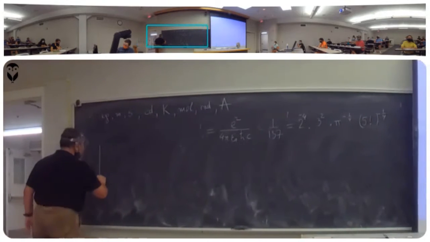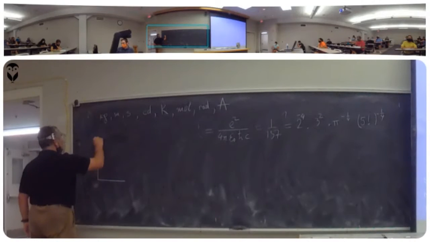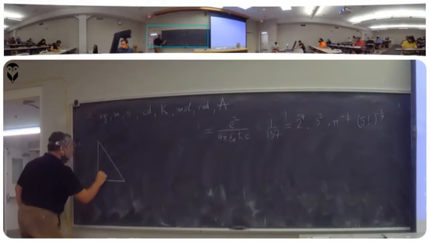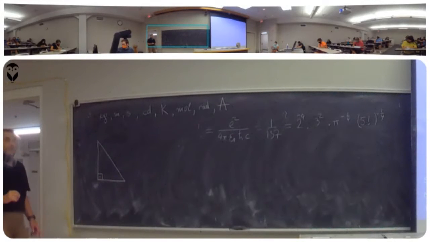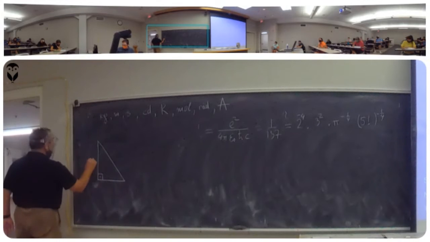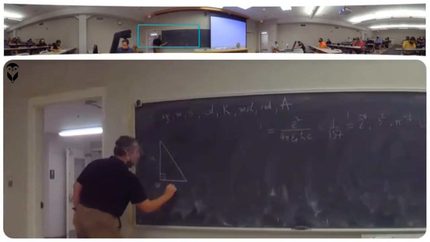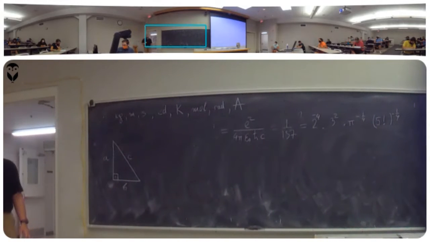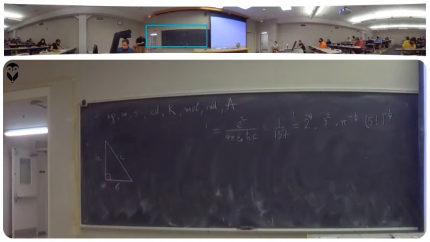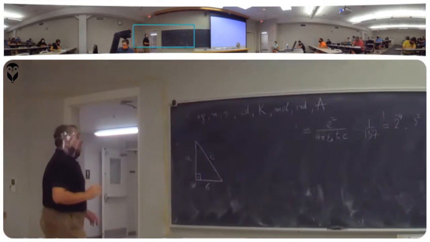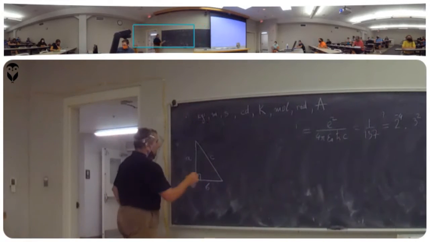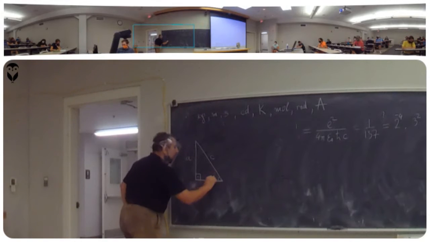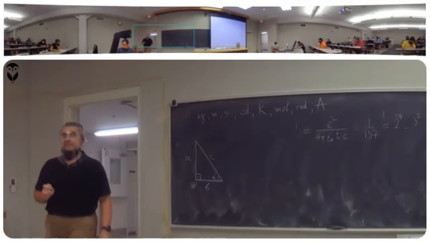So consider the following right triangle. The right angle is here. Let's say that the lengths of the sides of the triangle are A, B, and the hypotenuse of the triangle has length C. Let's say that the angle opposite to the side A is angle alpha.